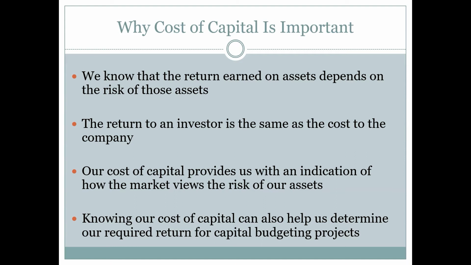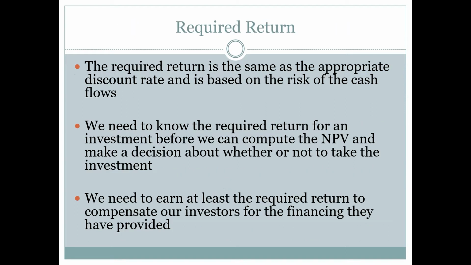Now, what we use the cost of capital for is to evaluate projects. The weighted average cost of capital is our required return for the firm. Right? This is the average risk for the firm. And so it's the average risk that we talk about when we evaluate projects for the firm.